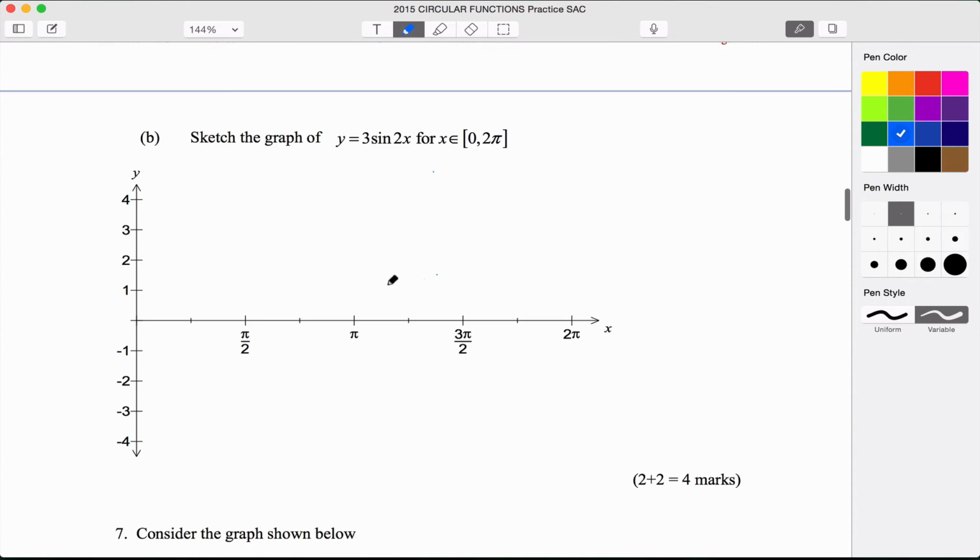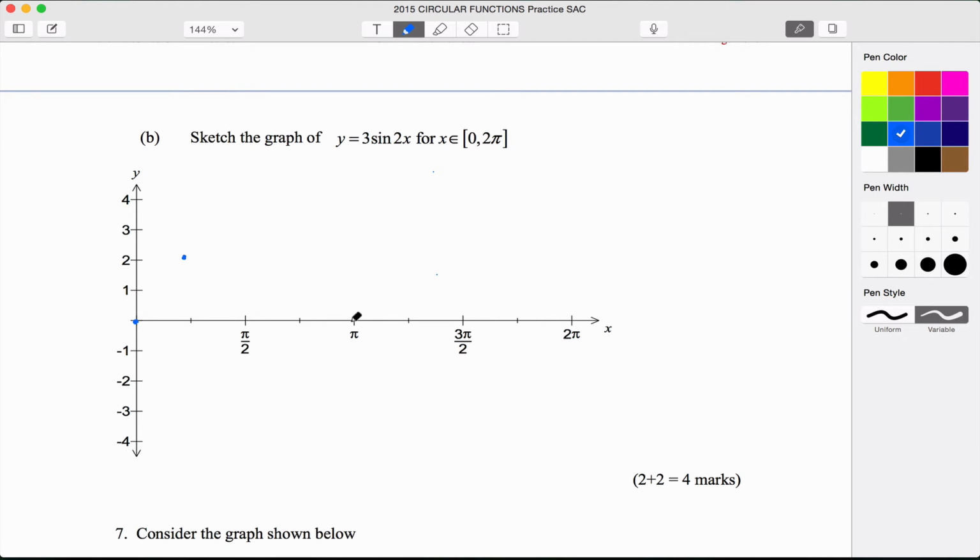Part B, sketch the graph. We've already got the period and the amplitude, so we can use that information. It's a sine graph. I like to put a couple of dots in, so I know where I'm going. Amplitude of 2, so it's going to go up to 2 here.